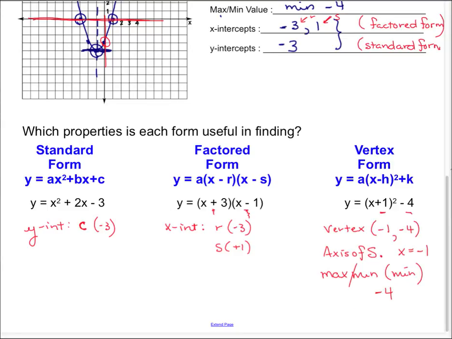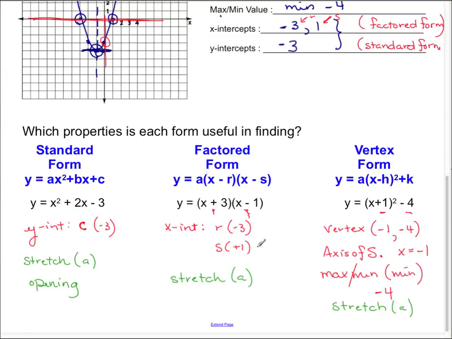Now, there's one thing that all three of these give us, and that is the stretch factor. A is in all of these things, and in this case, it's just 1, so there is no stretch factor. So in all of these you can actually see the stretch factor. And also that a value tells us the opening.